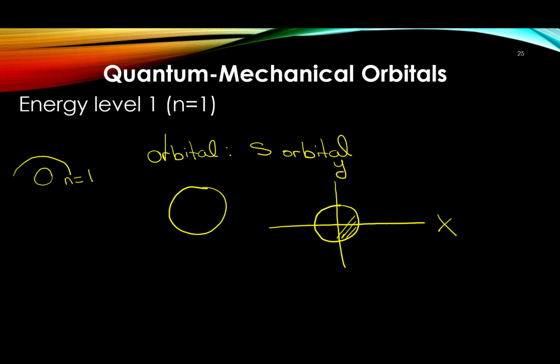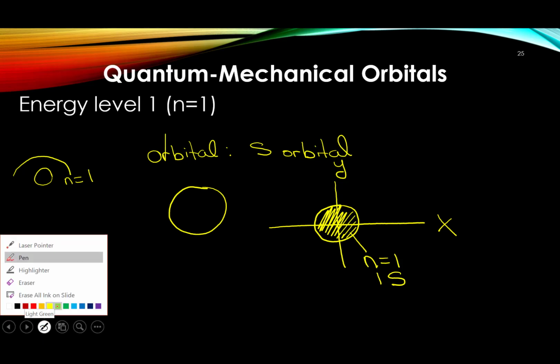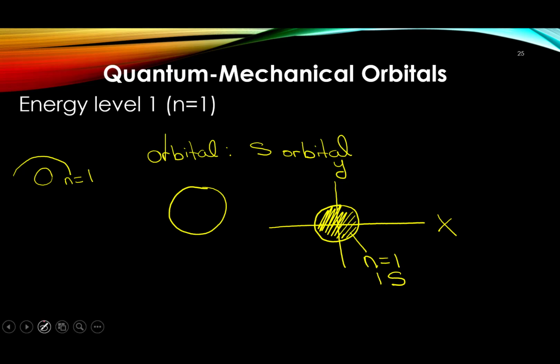If this is the s orbital for energy level 1, which we also call 1s, then if we want to think about the size of the energy level for s orbitals in energy level 2, the size of the s orbital will be larger.